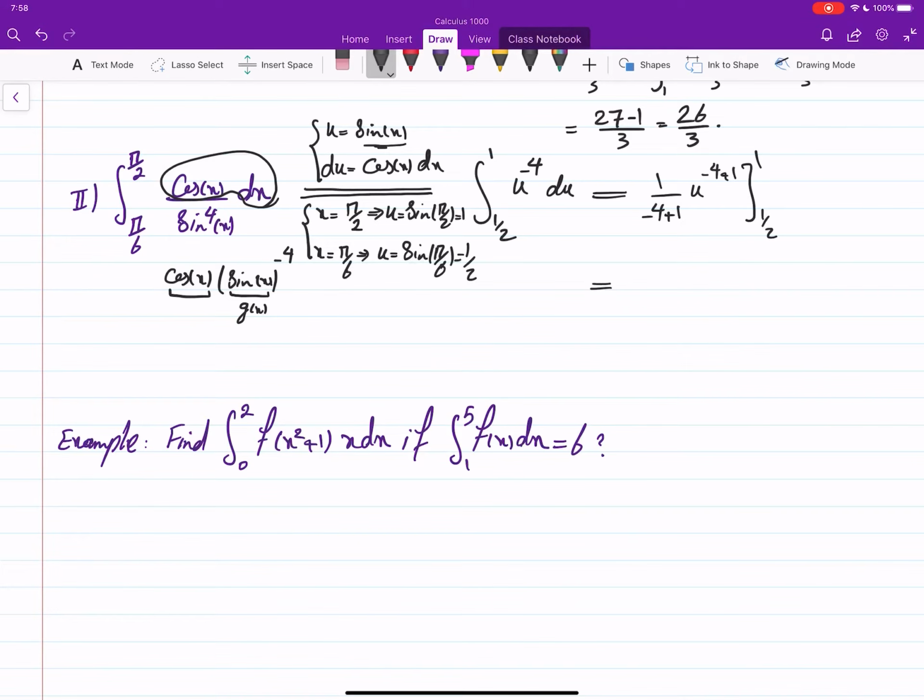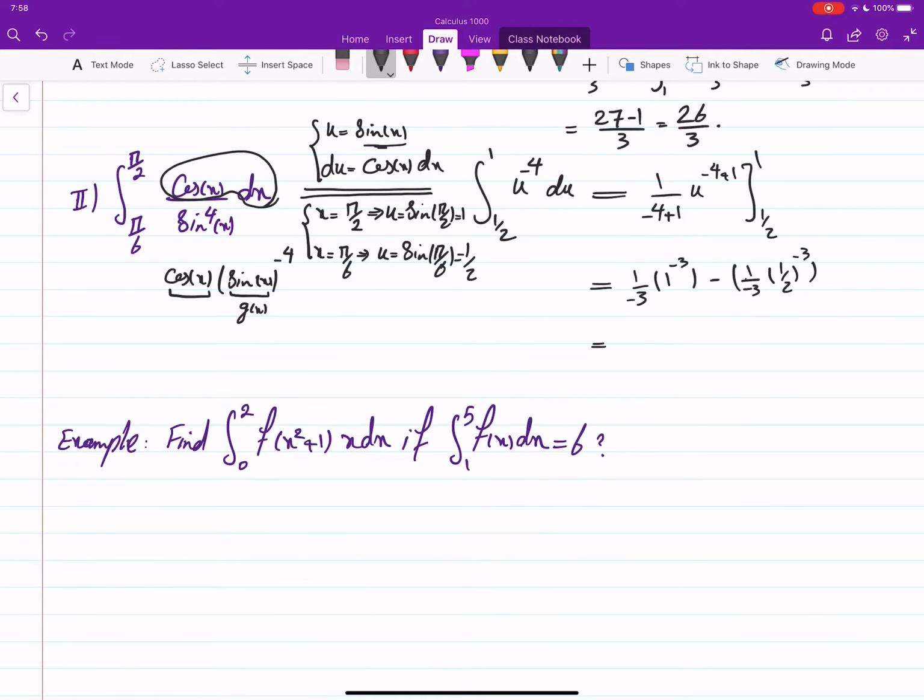And this gives us negative 1 over 3, times 1 to the power negative 3, minus negative 1 over 3 times 1 over 2 to the power negative 3.